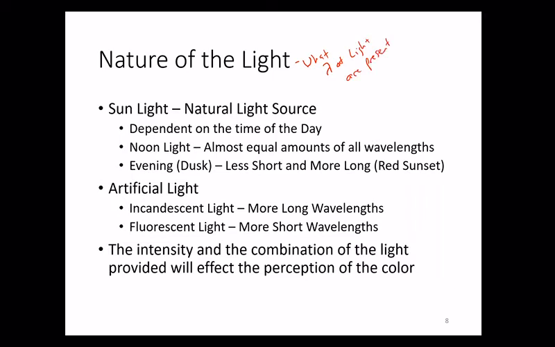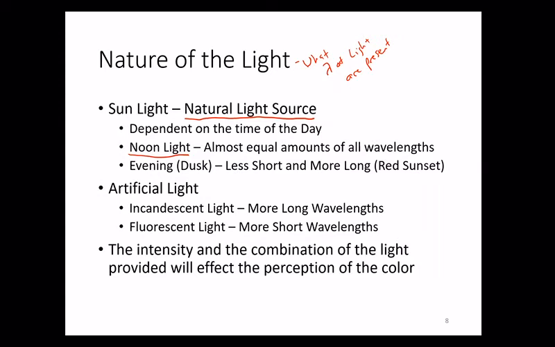In true complete light, we would expect all the wavelengths to be present in equal amounts. And this is really only seen with natural sunlight, in fact, at noontime. Almost all of them are present at equal light. So natural light gives us the best and most complete wavelengths of light.